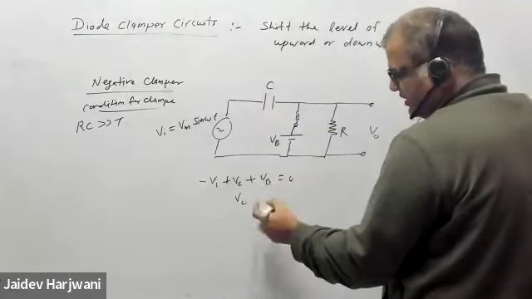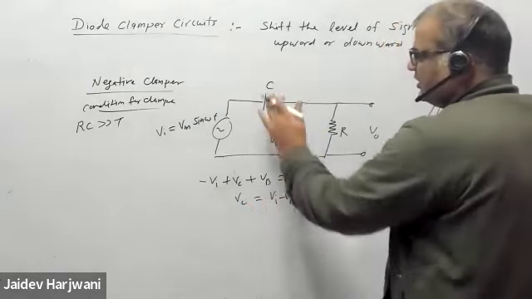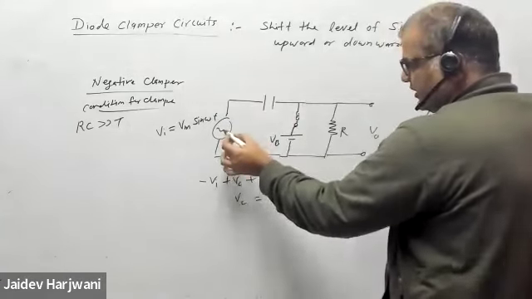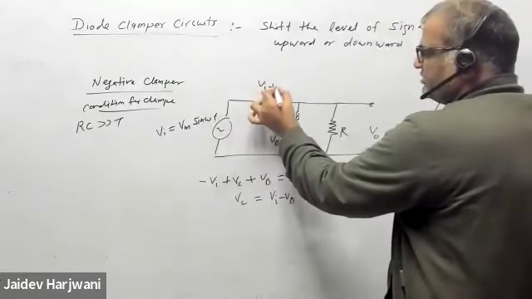Now here VB is there. So now VC will be what? VC will be Vi minus VB. So the capacitor will charge again in the same direction, but the voltage will become Vi minus VB.